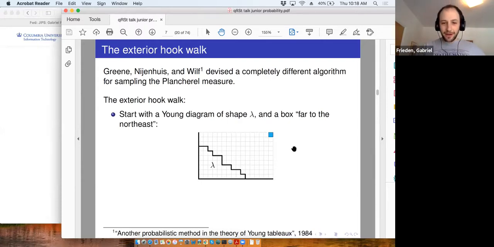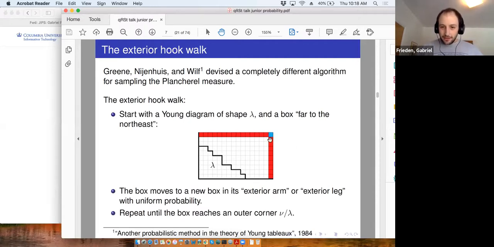Then I look at the boxes in what I'll call the exterior arm and the exterior leg of the cell. I'm just going to choose one of these red boxes uniformly at random and move to it. So maybe I move there. Okay, now I do the same thing. I look at the exterior arm and the exterior leg, and uniformly at random, I choose one box to move into.